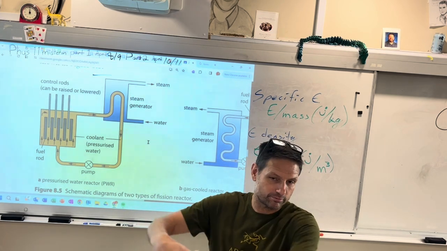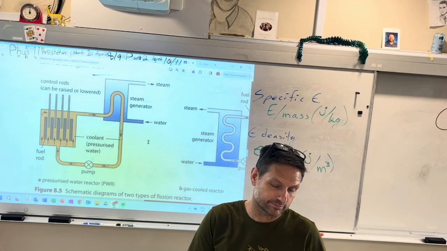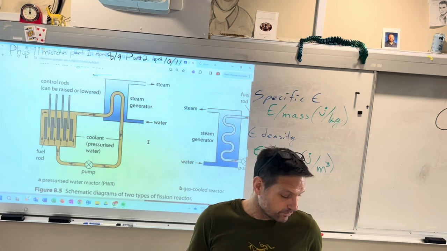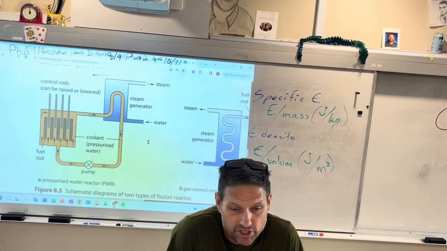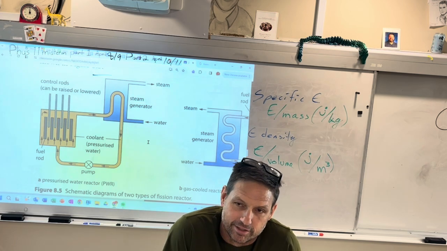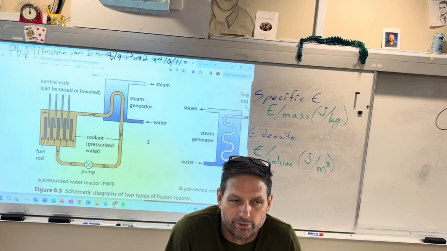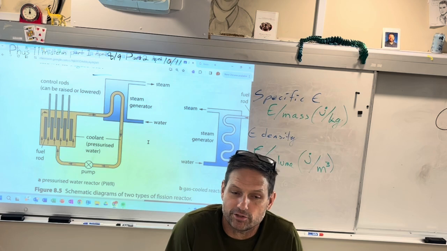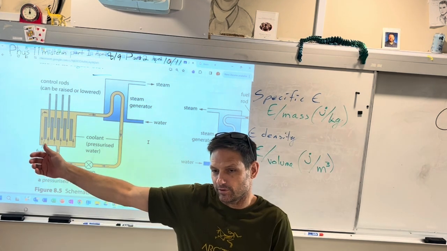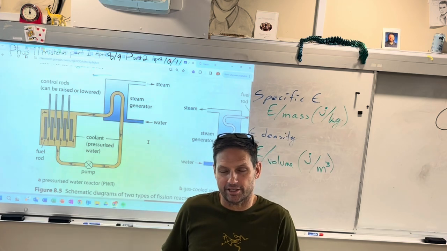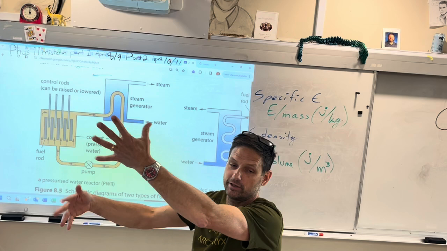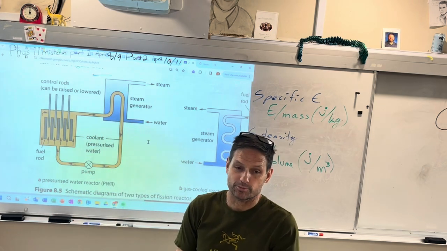It won't do a chain reaction. 238 will fission, but very, very slowly, and when it decays, it doesn't release any neutrons, so it doesn't cause any other atoms to fission. 235 is special in that when it fissions, it does release neutrons, and those hit more.